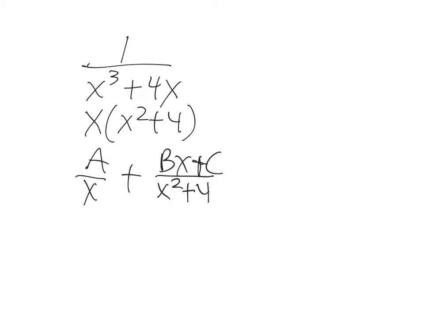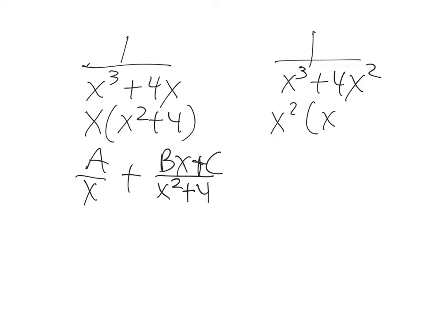And let's see, one other possibility, I'll go this way. How would we factor that one? And then the x squared is a repeated factor, so we have to treat that a little differently. We'd still have a over x plus b over x squared.